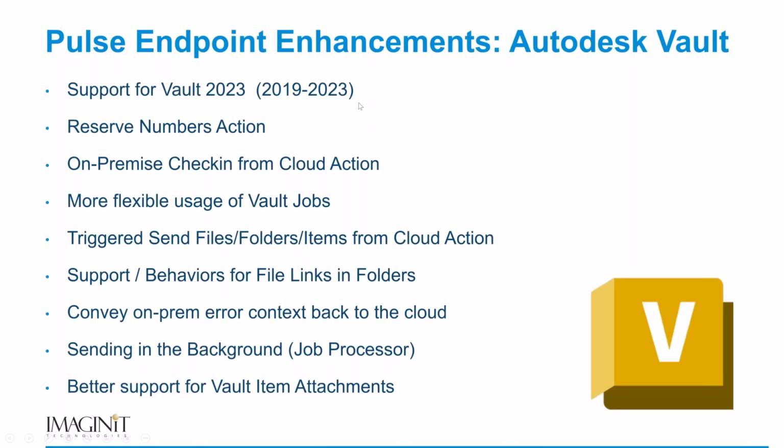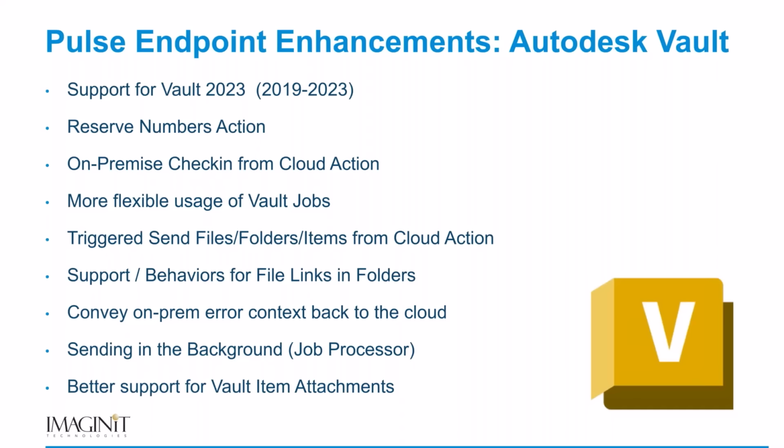And we've done a variety of things to be able to support on-premise actions. We look at this as Pulse, which is a cloud-based software as a service product, being able to send down certain actions to the Vault to perform on-premise within the Vault.